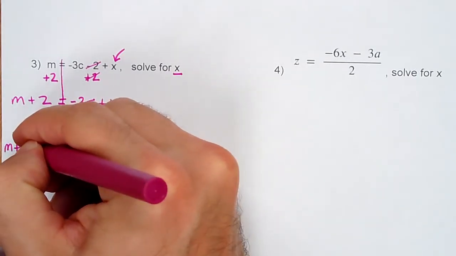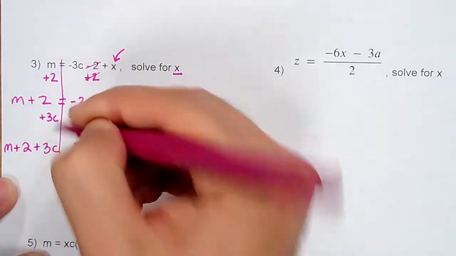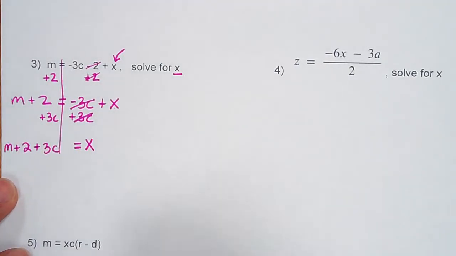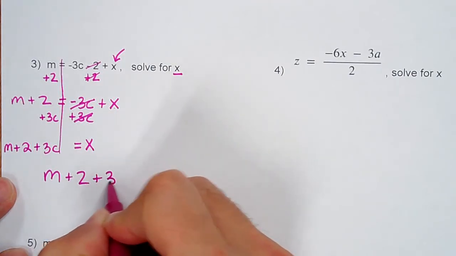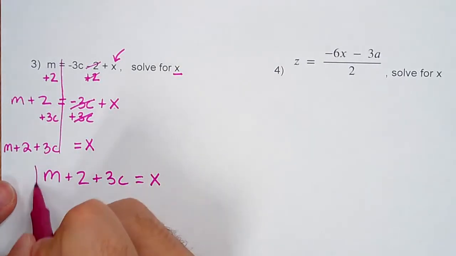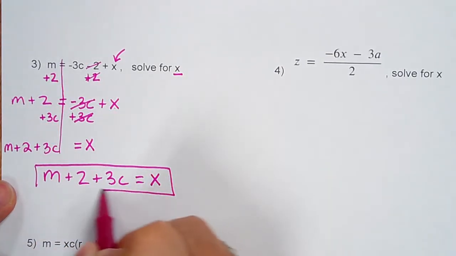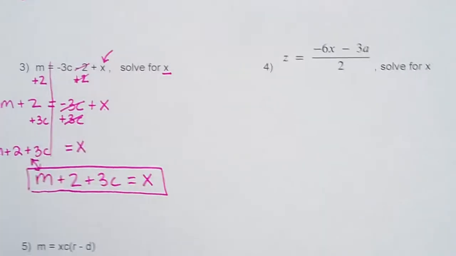M plus 2 plus 3c. So our final answer, m plus 2 plus 3c is equal to x. These two are the same. I just wrote it a little nicer.